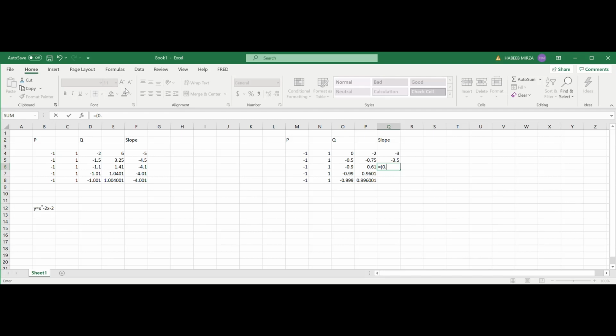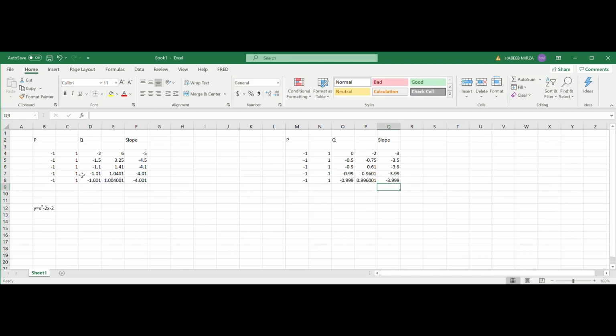You have 0.61 minus 1 divided by negative 0.9 minus 1 equals 0.960 minus 1 divided by negative 0.99 minus 1, and you do 0.99601 minus 1 divided by negative 0.9999 minus 1.